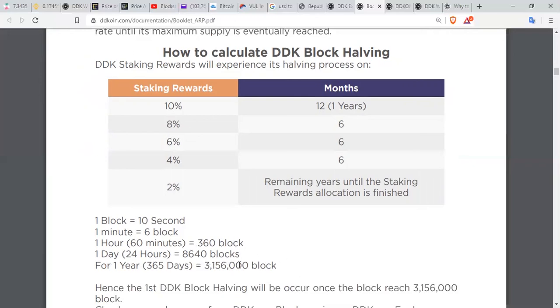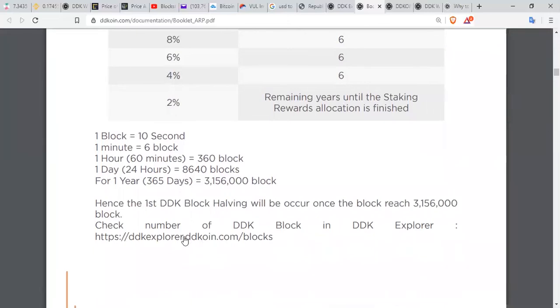And as mentioned earlier, when we use our calculator, 8,640 times 365, this is for the correction of what was reflected here, it's actually 3,153,600 blocks, meaning the first DDK block halving will occur once the block reaches 3,153,600.